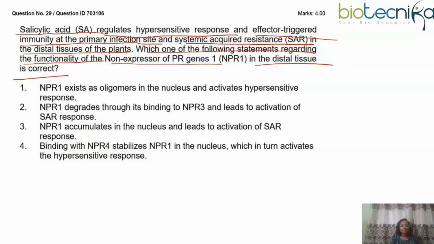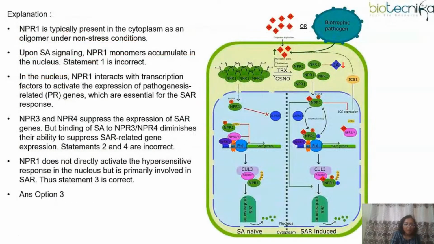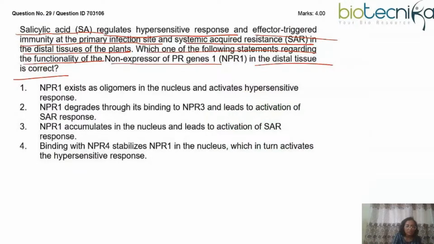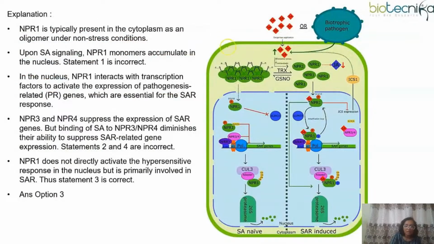Now, to understand this, we do need to look at the signaling pathway for salicylic acid. Okay, so let's look at it sentence by sentence. NPR1 exists as oligomers in the nucleus and activates hypersensitive response. Now, what is wrong with this sentence? NPR1 does not exist as oligomers in the nucleus. See, this is the cytoplasm.